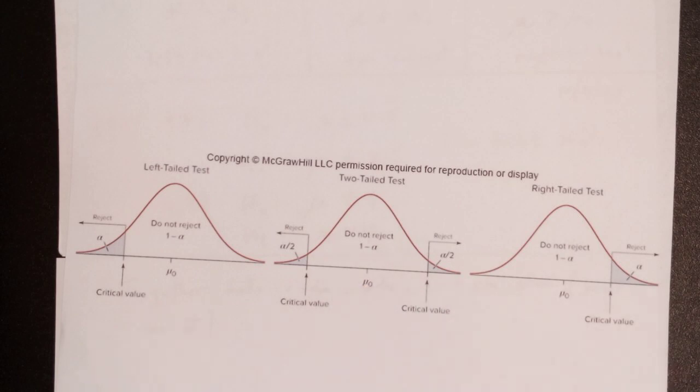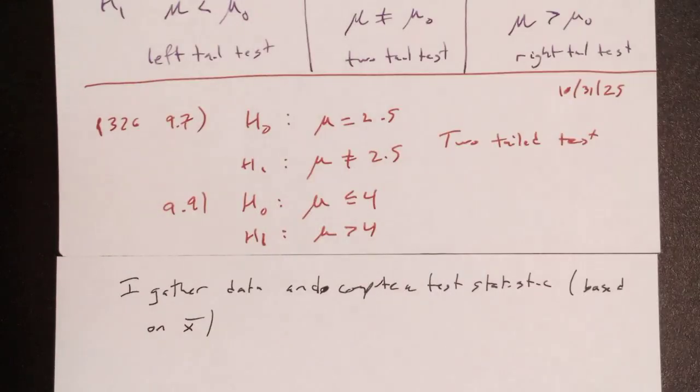If I were doing a left tail test, I'd ask, is it too low? But if I'm talking about mercury and other pollutants, I'm pretty sure you can never be too low. You can only be too high or different from. So if my test statistic is in the rejection zone, then I'm in trouble.